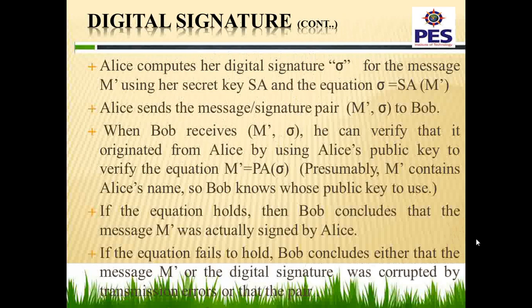Bob checks using the public key of Alice whether the information sent by Alice is correct or not, along with the digital signature. If it is fine, then he accepts it; otherwise he discards the message and feels that something went wrong, such as transmission errors, or that something was modified in the message.